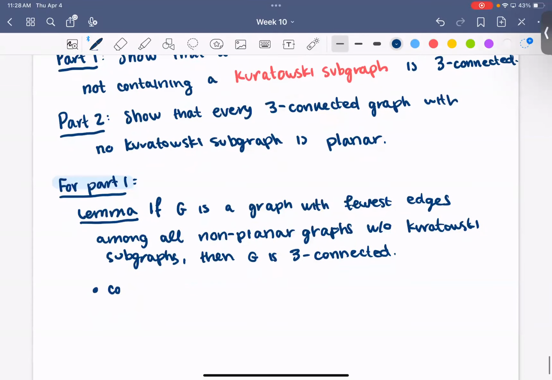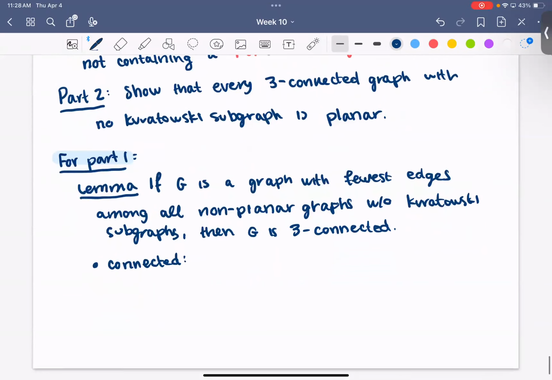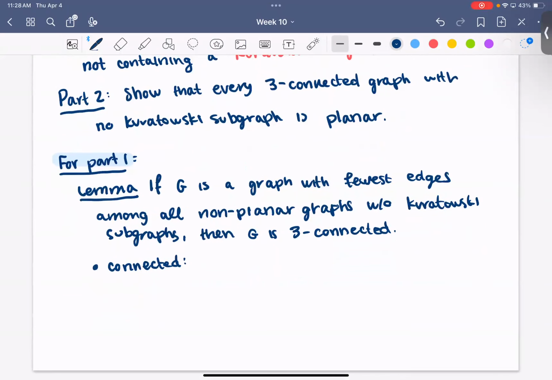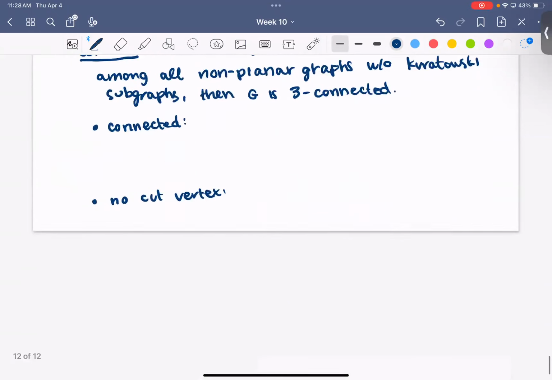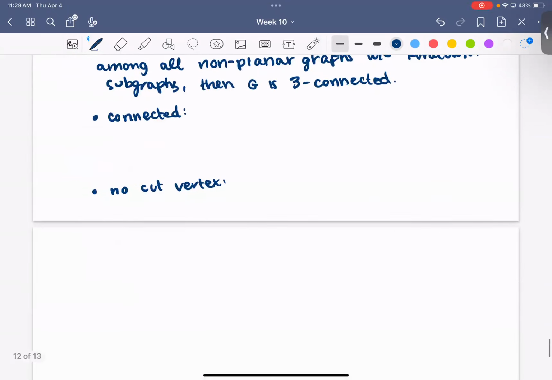Connected. No cut vertex. And then no separating 2-set.